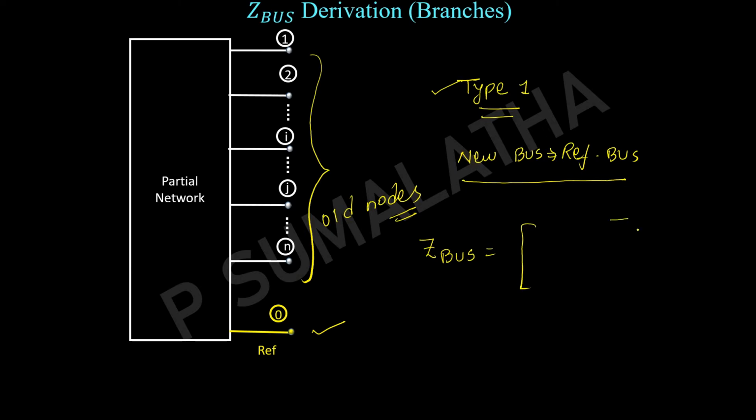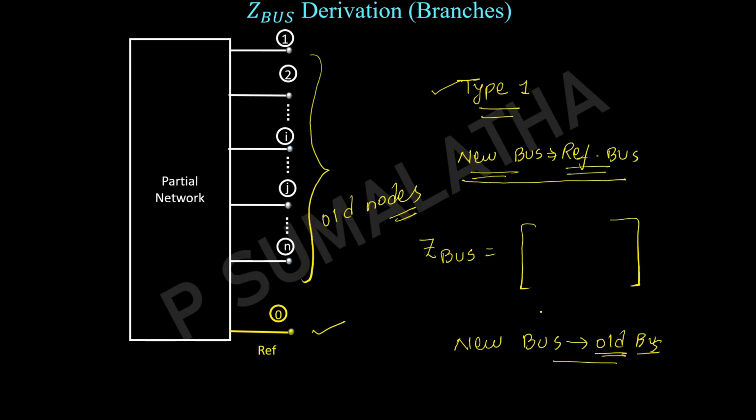That is what we are going to do now, and similarly we are going to derive the expression for the type 2 modification. Type 2 modification is whenever we add an element between a new bus and an old bus. For this derivation we need 3 types of buses: one is the new bus, another is the reference bus, and the next is the old bus.